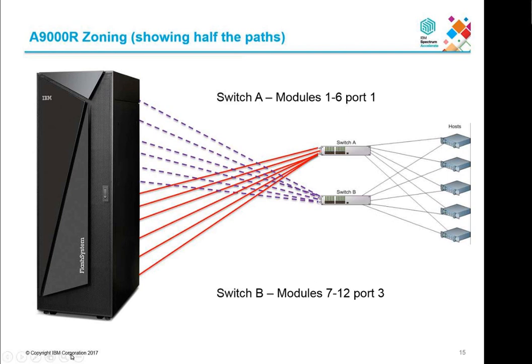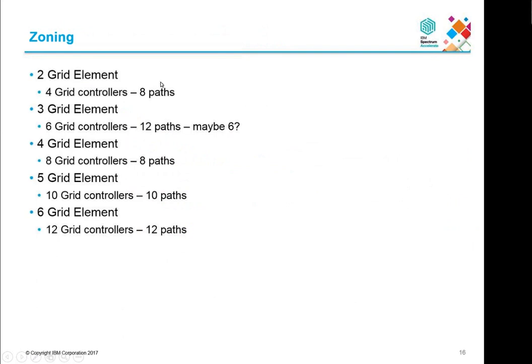As we go forward, here's my 12 paths. For a 5-grid element, I'm going to suggest 10 paths, again using that same alternating sequence. For the 4-grid, again, 8. If we go to a 3-grid, there's some discussion there. If the customer isn't going to grow past 3 grid elements, then 12 paths is probably okay.